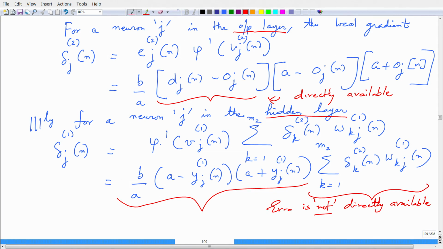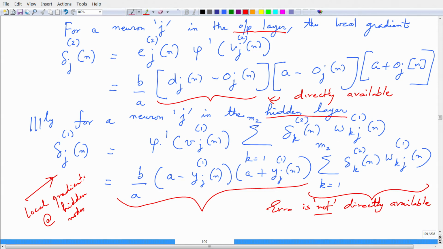The rest you can compute recursively, because delta j you already did this for the output layer. You have to plug that in here and then evaluate it for what you would get for the local gradients in the hidden layer. Okay.